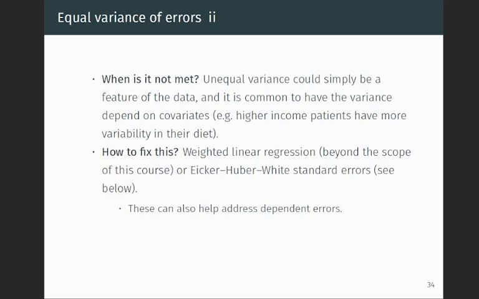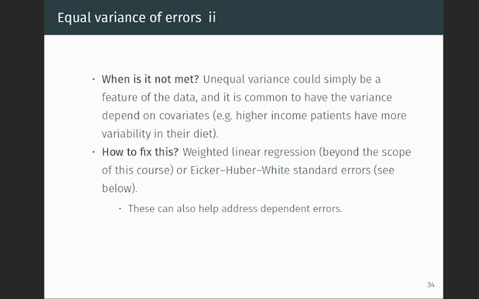And so if you're measuring diet somehow as your outcome variable, then you may see a relationship between the variability in the diet and the income of the patients. How to fix this? We won't really go over much of the details here, but there's something called weighted linear regression that you can use, and we won't discuss this.